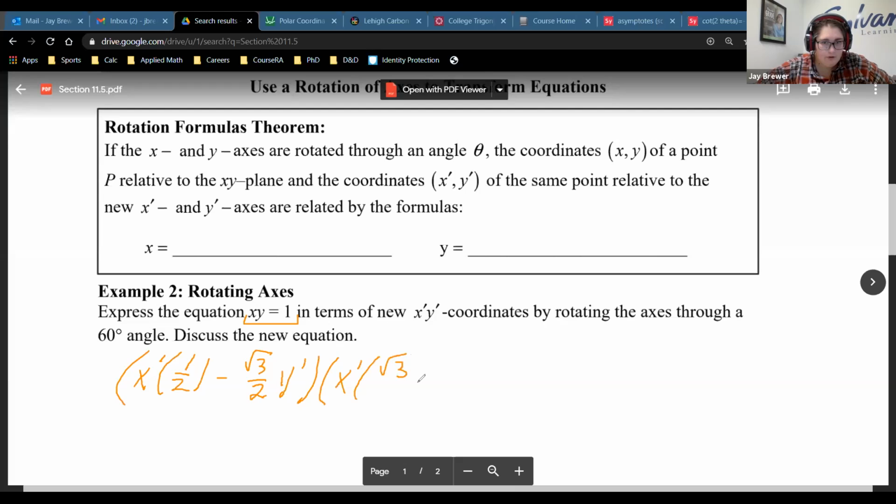We're going to FOIL, right? What do you know is going to happen with your middle terms? They're going to cancel out.